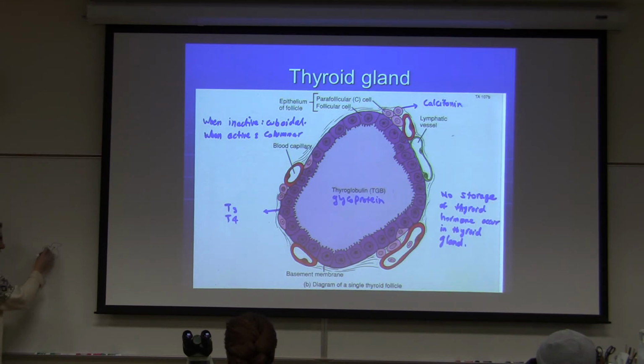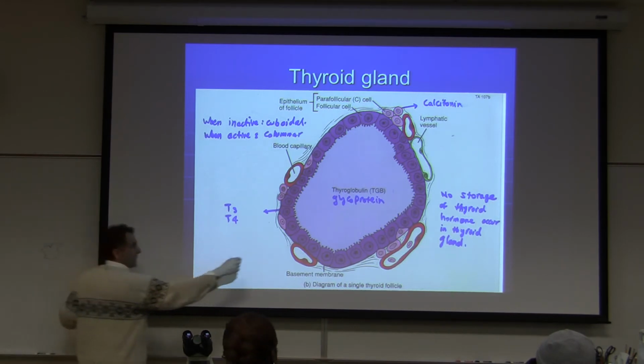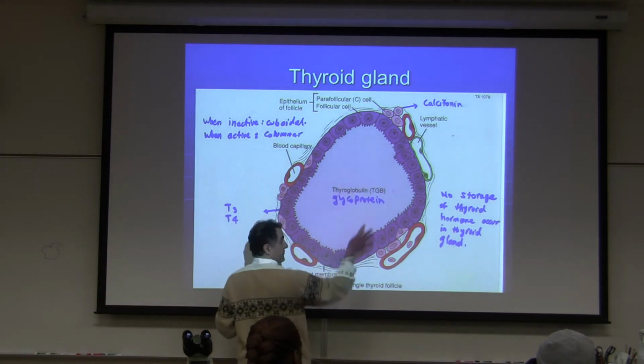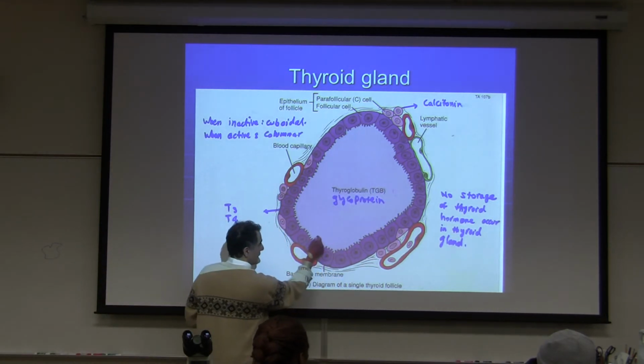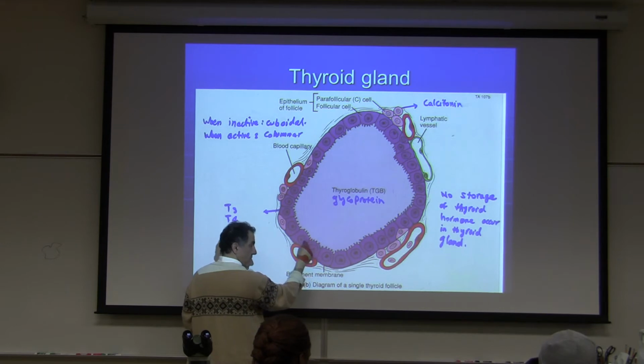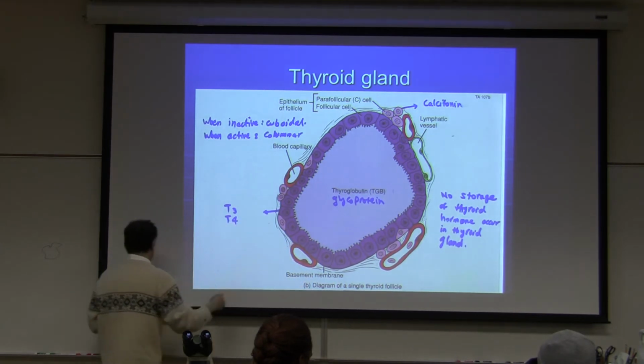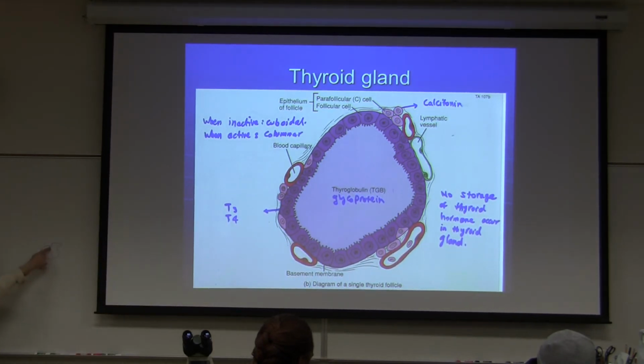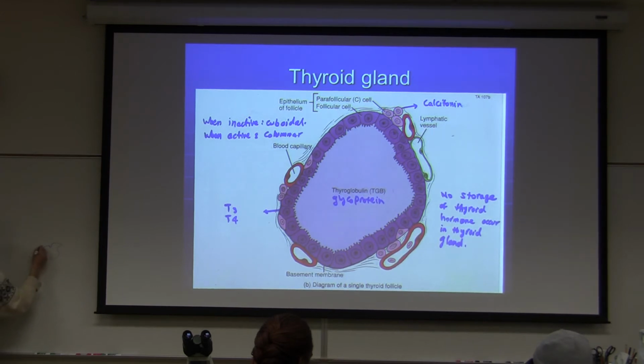When a little bit of this protein molecule leaves the gland and becomes like this, and then there are 3 iodine attached to it, then what is the name of this hormone? Am I making some sense? The name of the hormone is triiodothyronine.